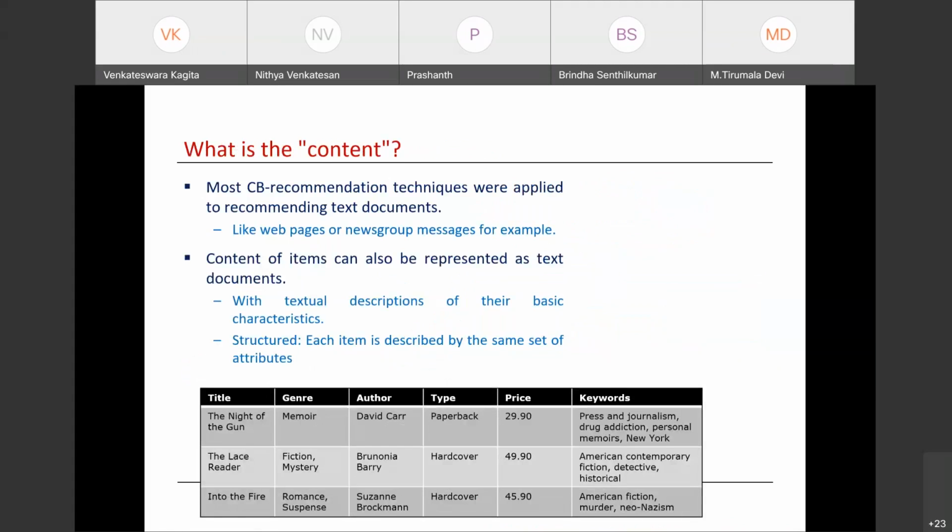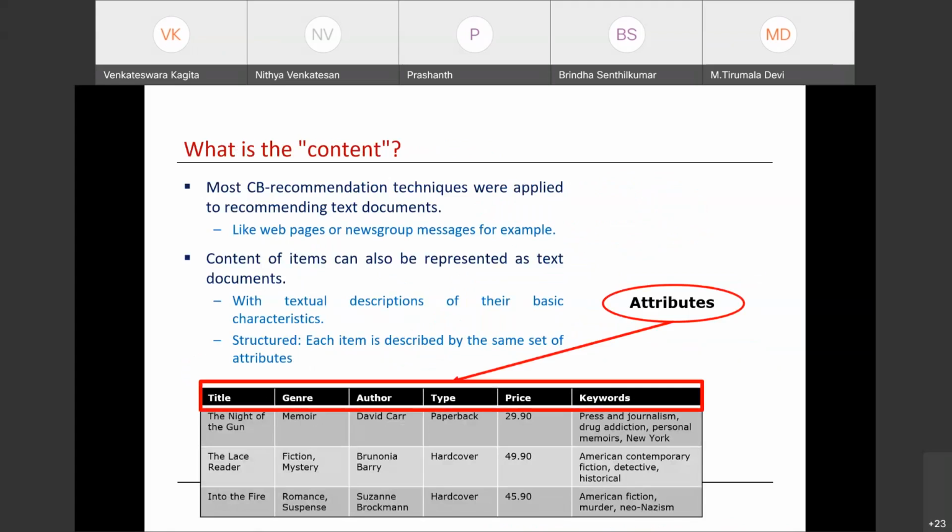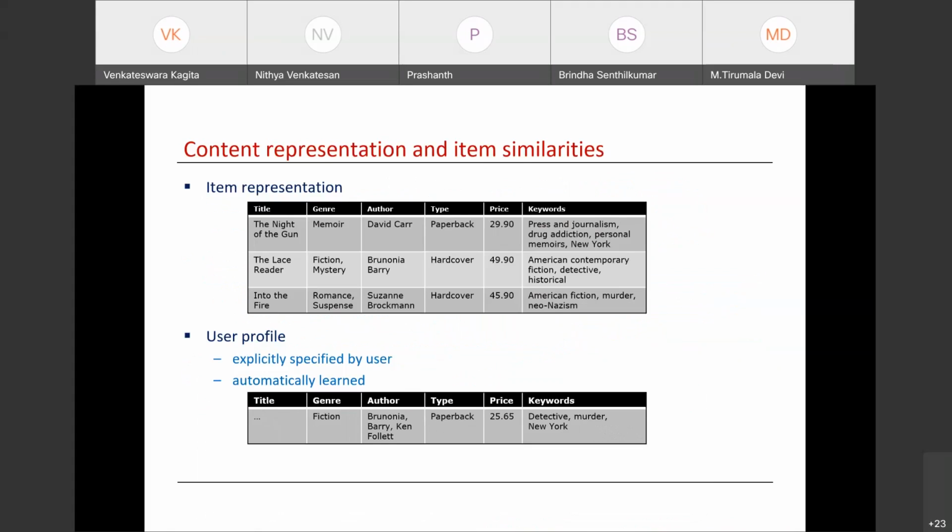For example, each item or a book can be represented with some set of characteristics like genre, author, type, price, keywords, and so on. So this defines the attributes, right? And the user profile also has some attributes, either explicitly specified by the user or automatically learned.